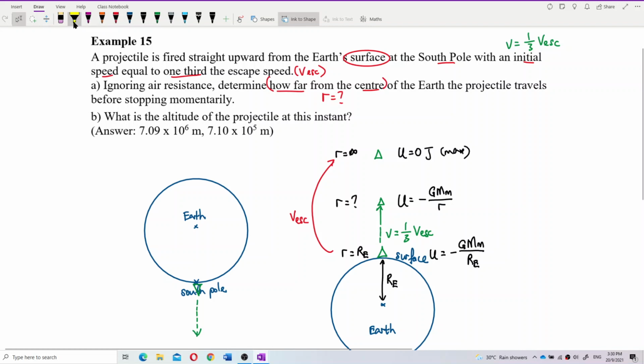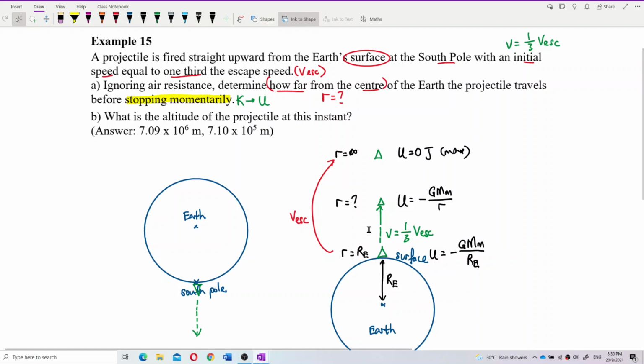What does stopping momentarily mean? That means all the kinetic energy has turned to potential energy. So here we use conservation of energy. At the surface it is ejected with high velocity, so it has high kinetic energy.